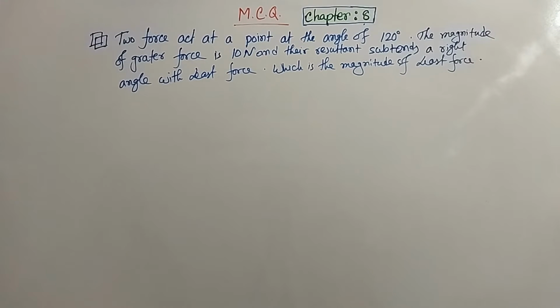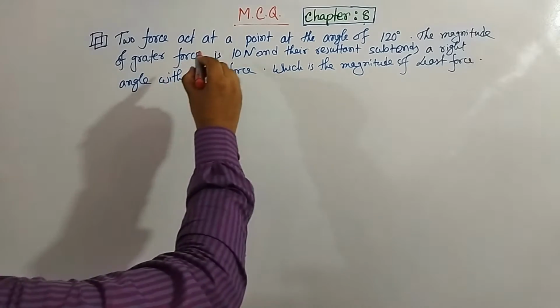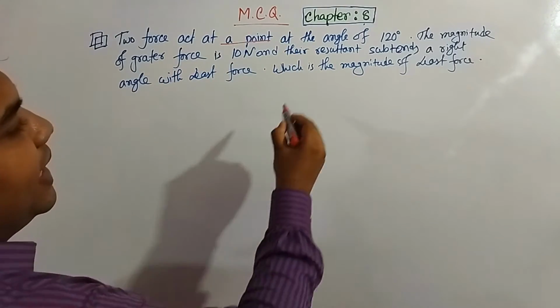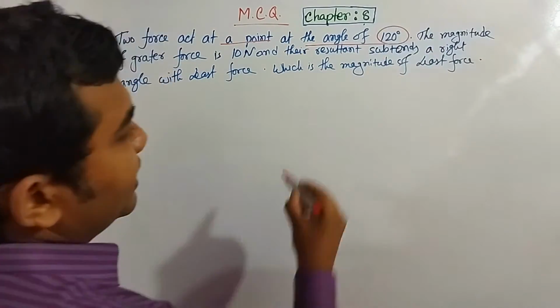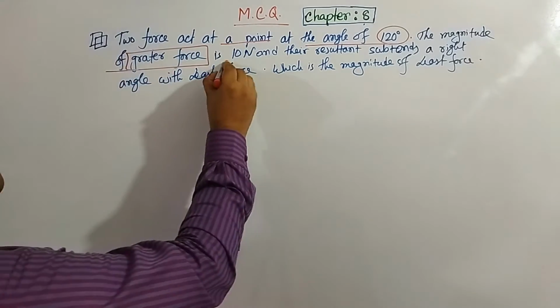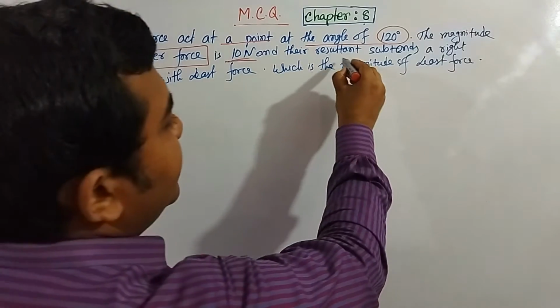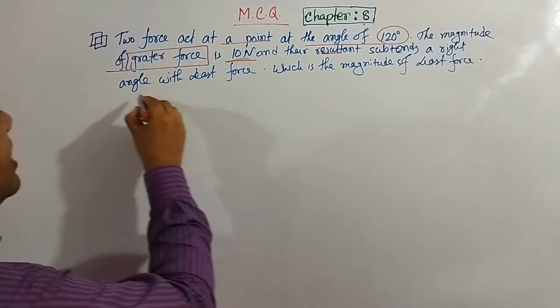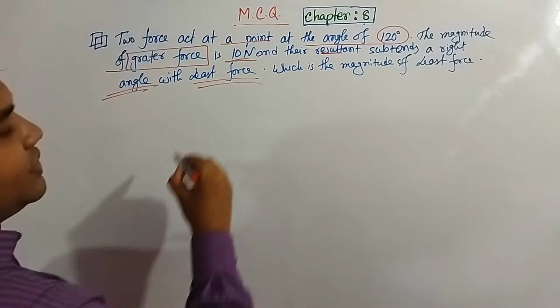So dear students, this question says that two forces act at a point at an angle of 120 degree. The magnitude of the greater force is 10 Newton. The resultant subtends a right angle with the least force.